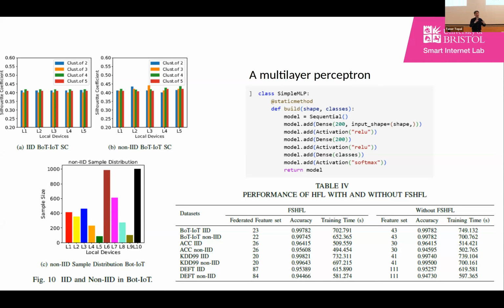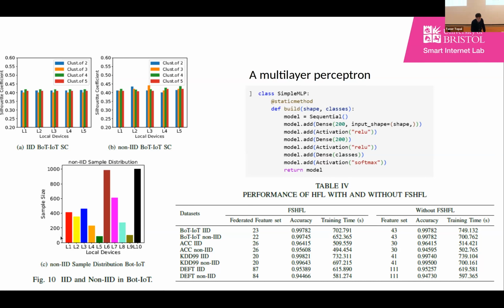For example, if we have a group of features, we could divide it into 4 groups, 3 groups, or 5 groups, and it will be decided automatically. So with the non-IID silhouette coefficient, we give a cluster of 4 features, but with the non-IID setting, the different features have different categories.